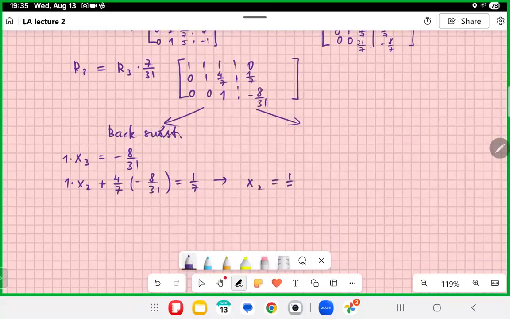x2 equals 1 over 7 plus 32 over, well, 7 multiplied by 31. Not a nice number, but that's okay. I don't think that we can cancel anything here. I mean, we're going to bring it to common denominator.